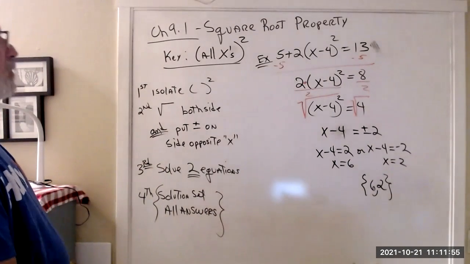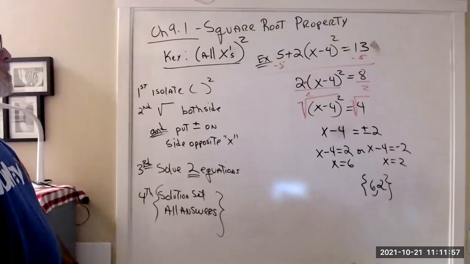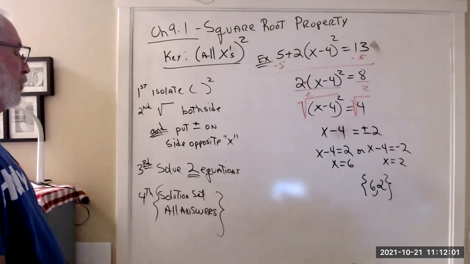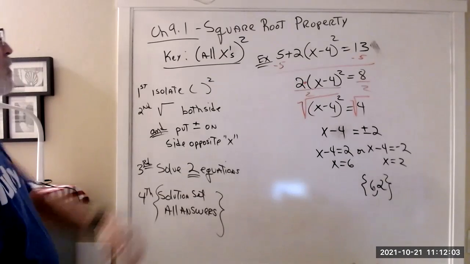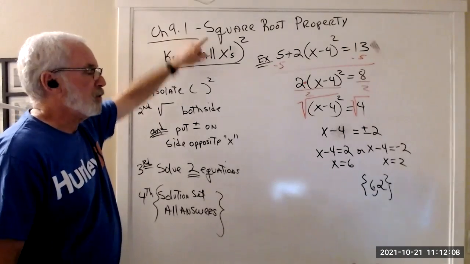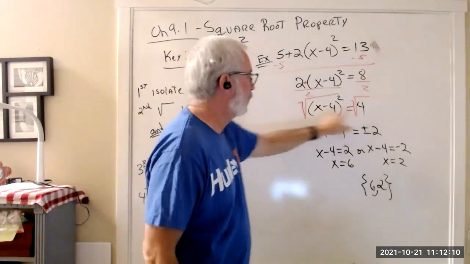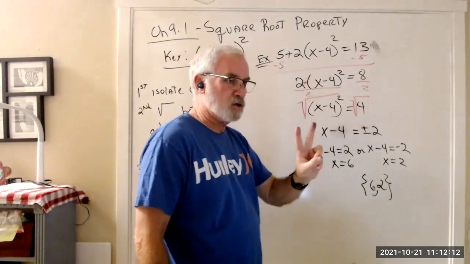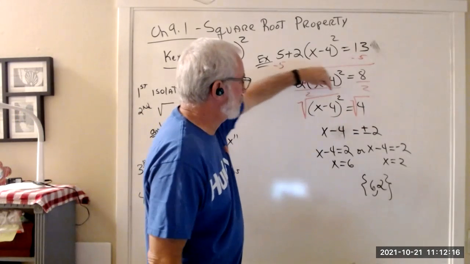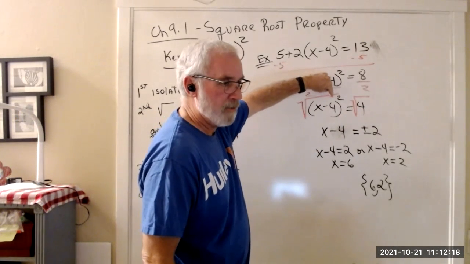So there is a really nice example, they're going to get worse than this, of the square root property. It says when you square root both sides, it does 2 things. First, the square root cancels the square power.